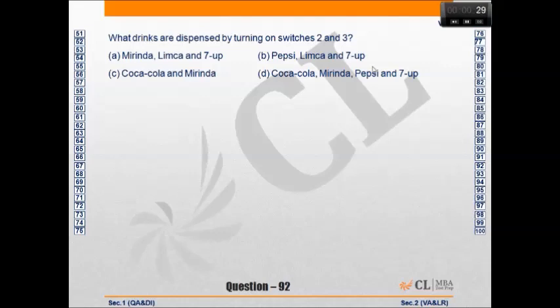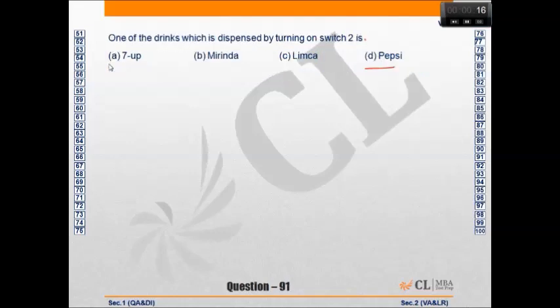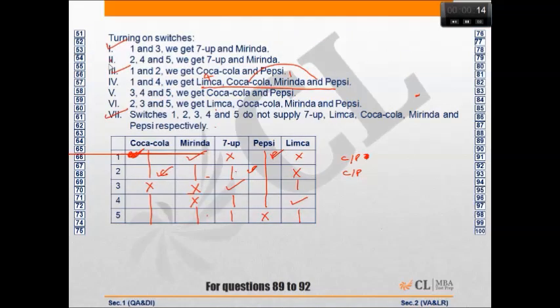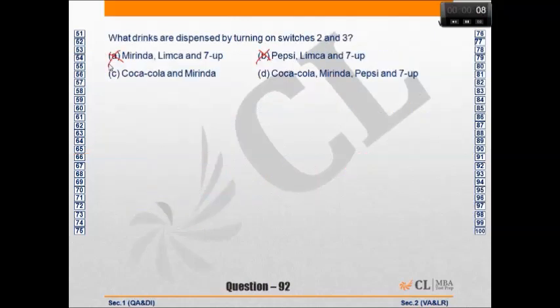So 2 and 3, the answers cannot be this. It will be either 2 rings or 3 rings, 4 rings. So Coke, Mirinda, Pepsi, 7 Up, 2 and 3. Let me just take a quick look. I'll take a chance. I know Coke, Mirinda, Pepsi, 7 Up. I'll take a chance. I'm leaving it here.